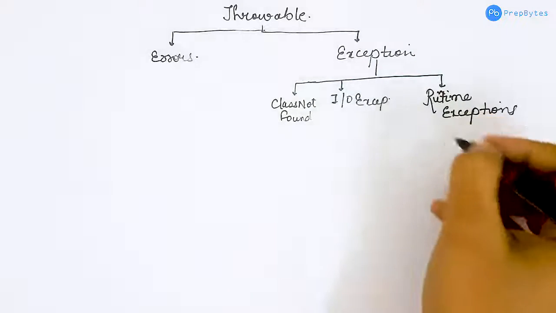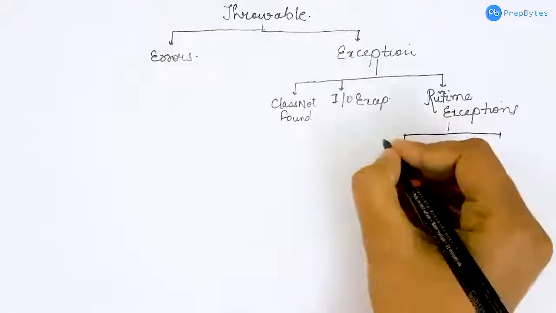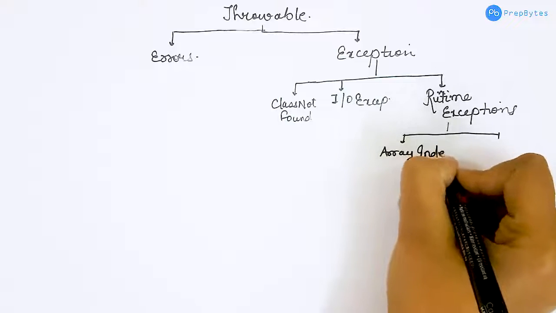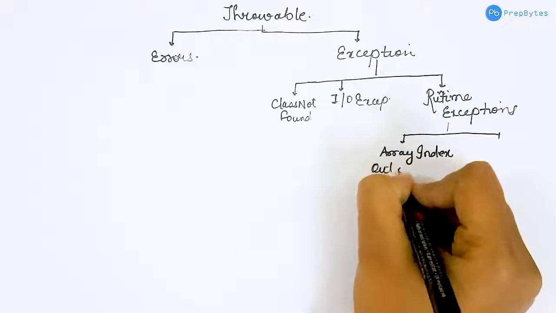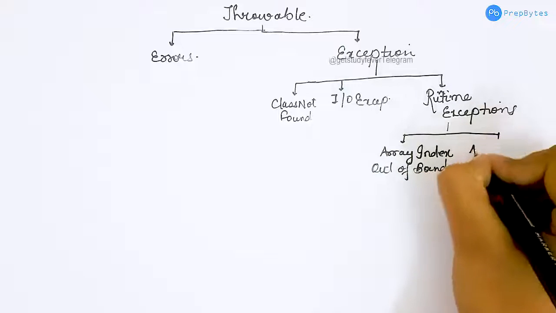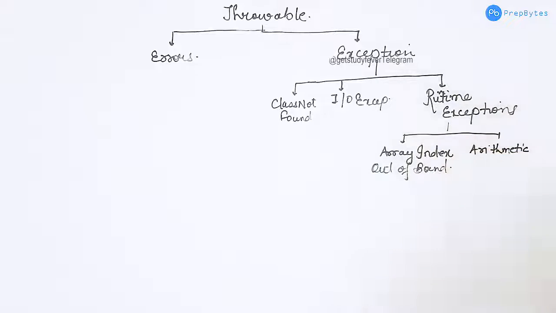In runtime exceptions, as I've said before, we have several exceptions: the array index out of bound exception, then we have arithmetic exception, and then a few more. As you go on to write more code and come across various exceptions, you will encounter all these exceptions.